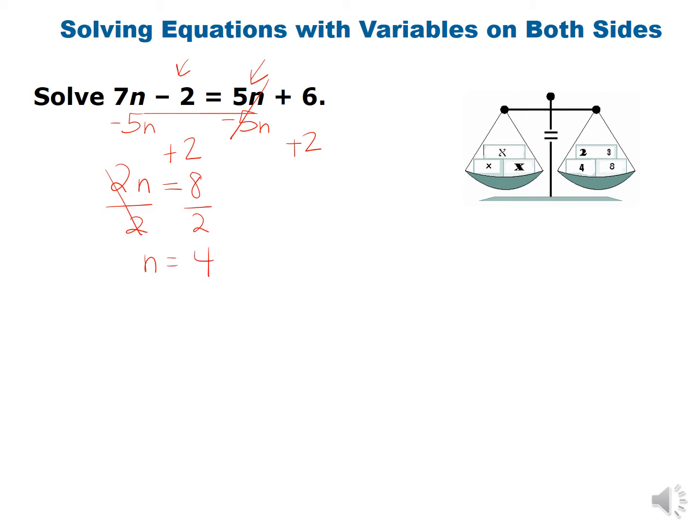Want to double check that that's correct. So 7 times 4 minus 2 equals 5 times 4 plus 6. So 28 minus 2 equals 20 plus 6, and that's true, so I know that it works. And there's the answer down there.